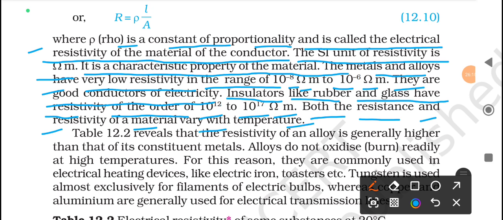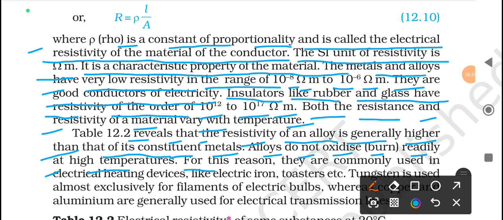Both the resistance and resistivity of a material vary with the temperature. Table 12.2 reveals that the resistivity of an alloy is generally higher than that of its constituent metals.